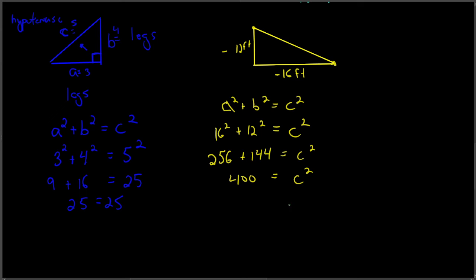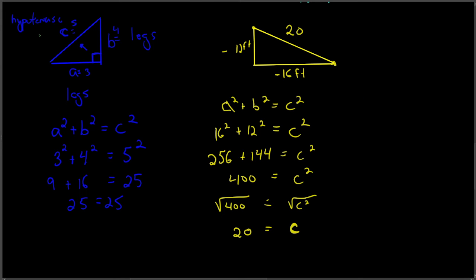Well, if I take the square root of c squared, I have to take the square root of 400. And the square root of something squared is just c. So the square root kind of undoes the squaring. And the square root of 400, well, if I run to my calculator, is 20. So the length of this side is going to be 20.